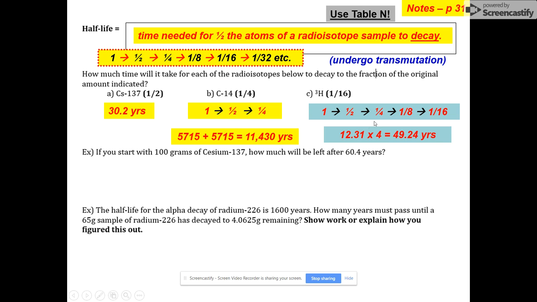It took 4 half-lives. So 12.31 years is the half-life of hydrogen-3. So that's 4 times 12.31 gives us 49.24 years, because it took 4 half-lives for that hydrogen-3 to decay to 1/16 of the amount you started with.